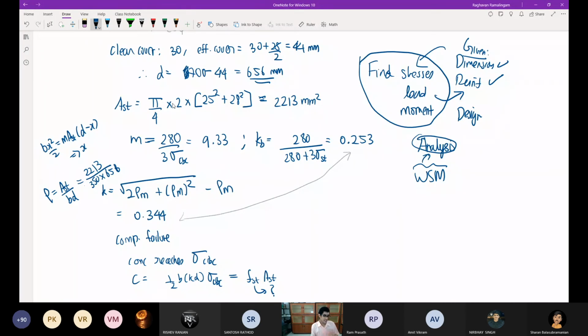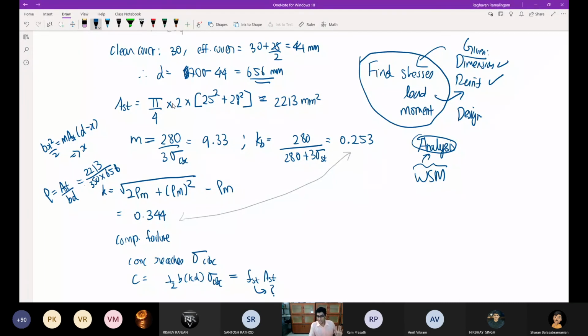Only for beams, you will not be dealing with columns or slabs or anything in WSM as a part of this course. The reason being, these days WSM usage is limited, and your code book is mainly focused on limit state method. So almost everything else, from the next class, which is design of beams, design of slabs, design of columns, design of footings, and everything will be through limit state method.